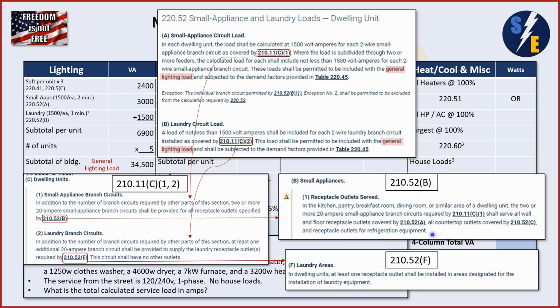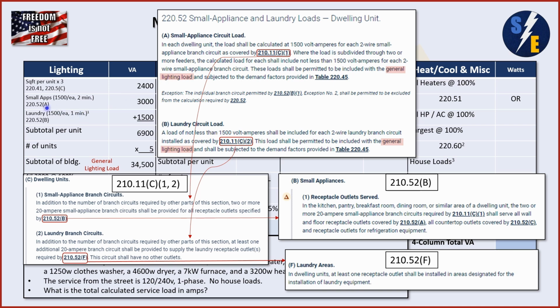So 210.52a and 210.52c are just talking about all the outlets covered in the kitchen area and related rooms. So any of those outlets will be considered part of the small appliance circuits. What that's telling us is we're required to have 2 or more 20 amp small appliance branch circuits, and they are to be 1500 VA apiece.